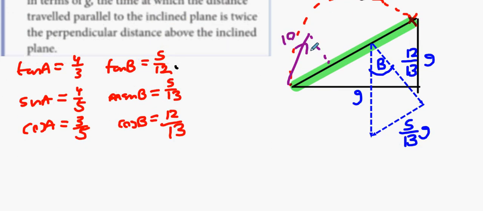So we get 10 sine A, 10 times 4 over 5, which is 8, and 10 times 3 over 5, which is 6.